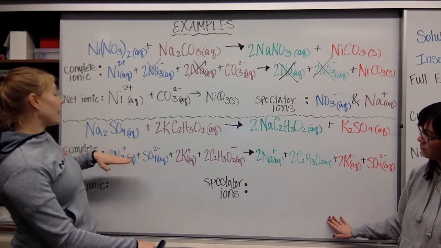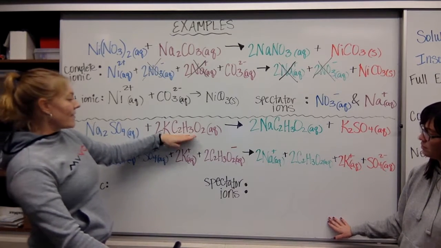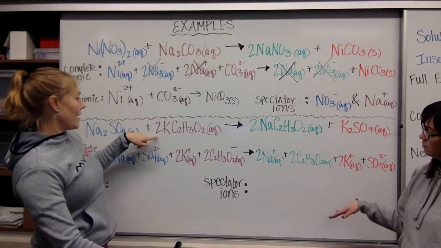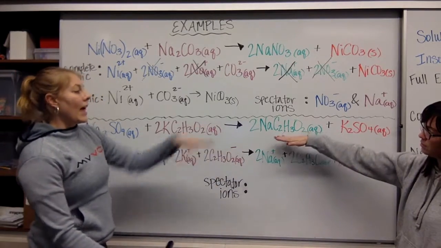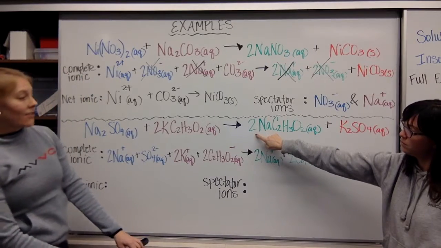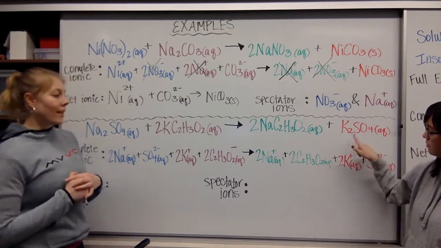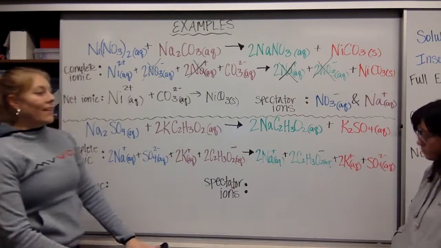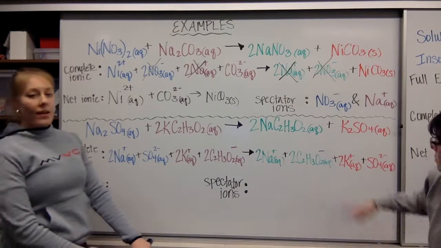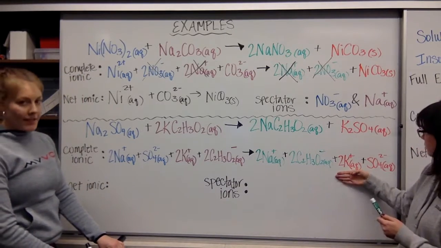These are the complete ionic equation. 2 potassium acetates break down into 2 potassiums and 2 acetates, each acetate has a minus charge. Sodium acetate, there's 2 of them, break down into 2 sodiums and 2 acetates, +1 and -1 charge. And potassium sulfate is aqueous. It's breaking down into potassium and sulfate ions.